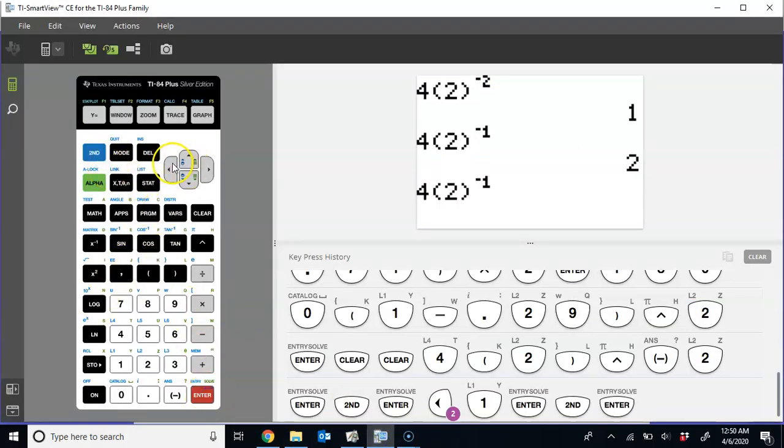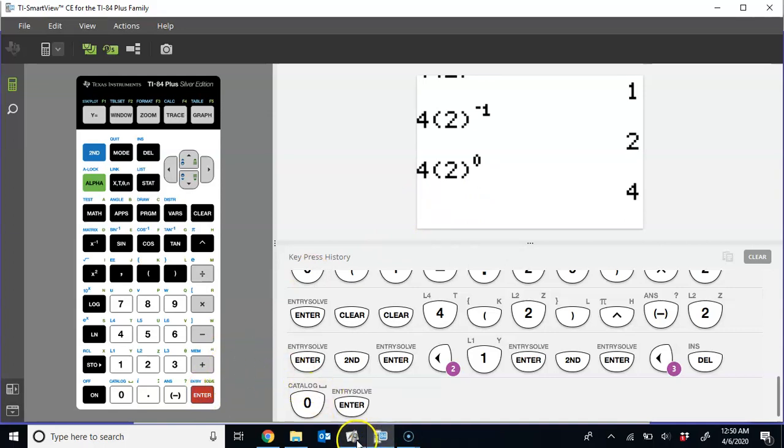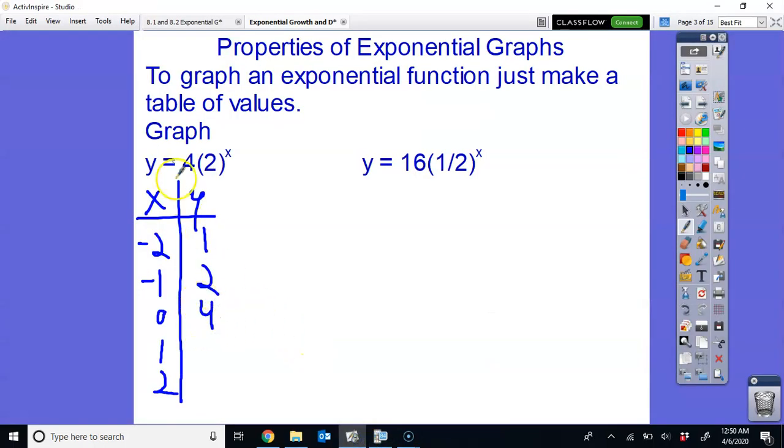Now, let's go back here. I talked about this a minute ago. Remember, 0 would mean you have the beginning amount, which means 2 to the 0 power is 1 times 4. It should be 4. Anytime you plug in 0, you should get the beginning amount 4. So this number right here, kind of like what we do when we're looking at linear equations for the beginning amount, is my y-intercept.